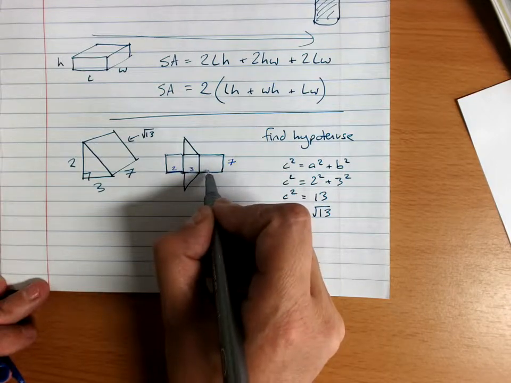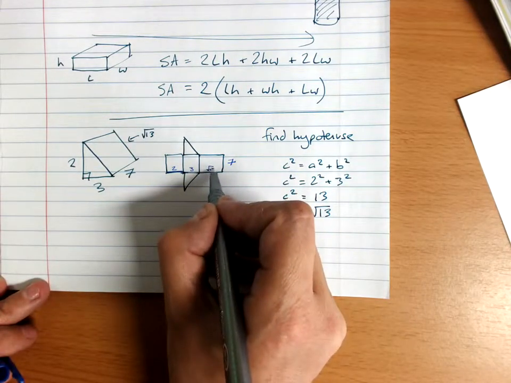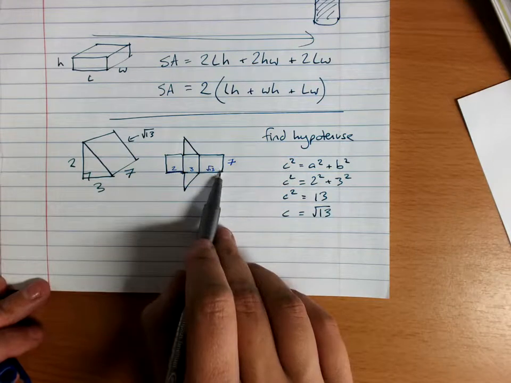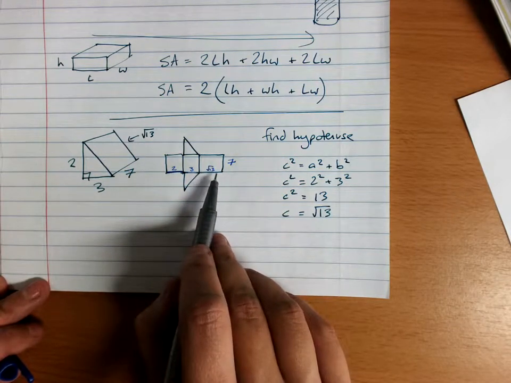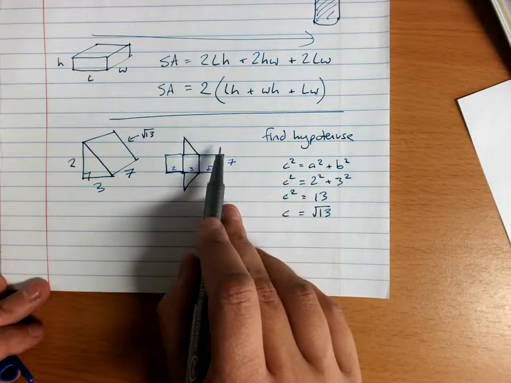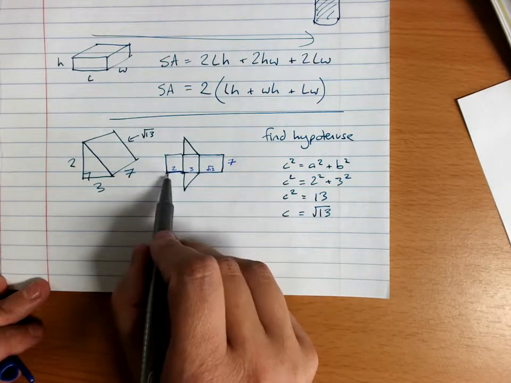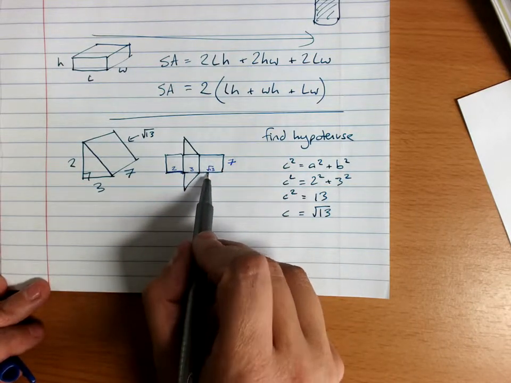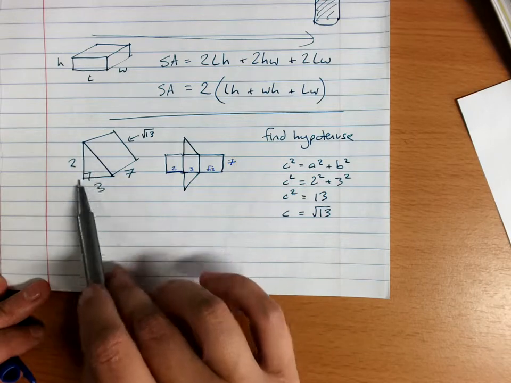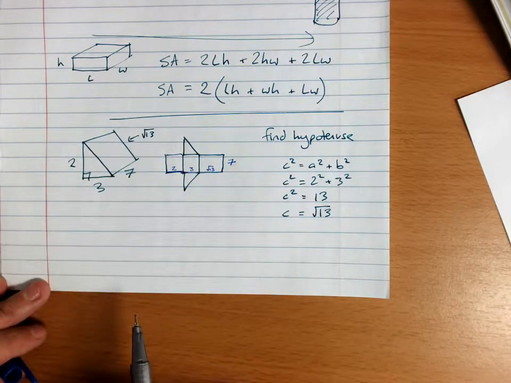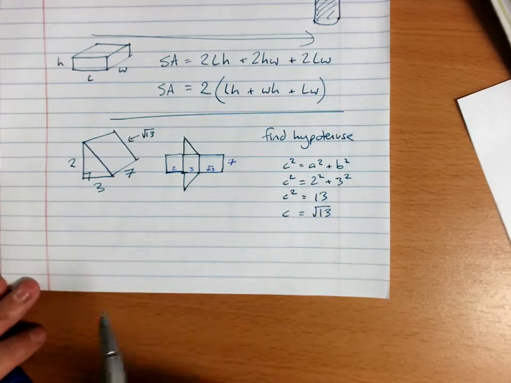This one: 13. Could you add all those together and just find 1 rectangle? Yes. And 2 plus 3 plus the square root of 13 would be what for this triangle? 5. It's 5 plus, yeah, but what?